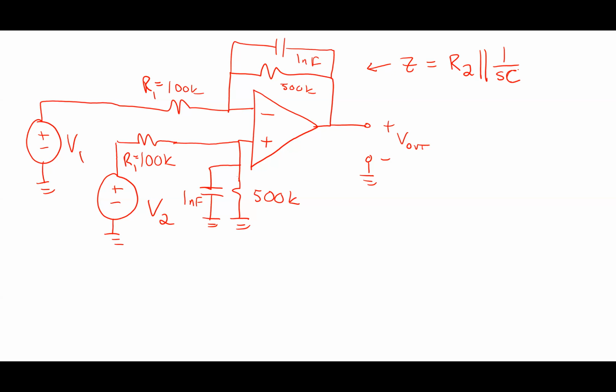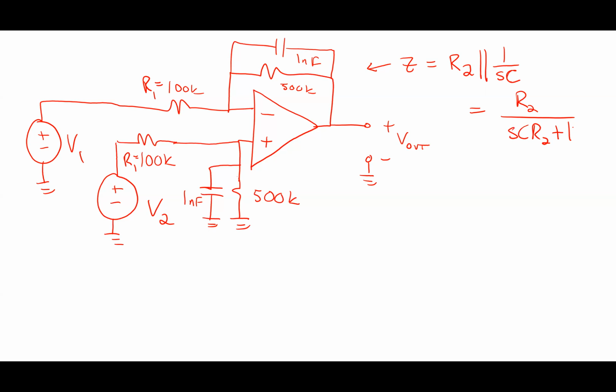Now if I were to go through the math on that, it would end up being R2 over SCR2 plus 1. How do I know that? Well, how would I have done that? I'm skipping the simplification because I know what the answer is.